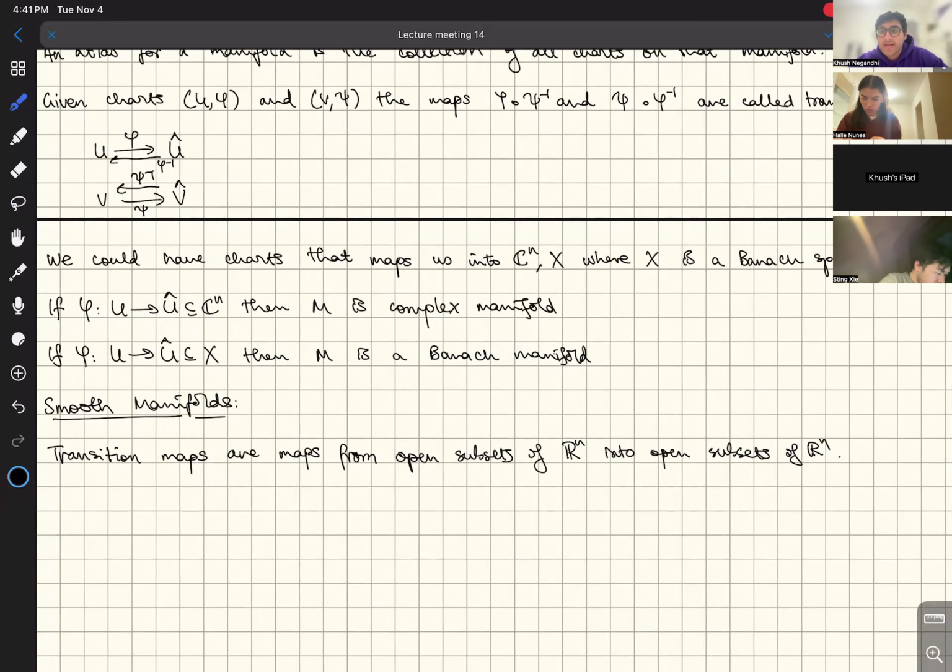So what this means now is that we can talk about whether this map is smooth. We've talked about the idea of differentiability on Rn. So we can now ask if these are smooth. Okay.